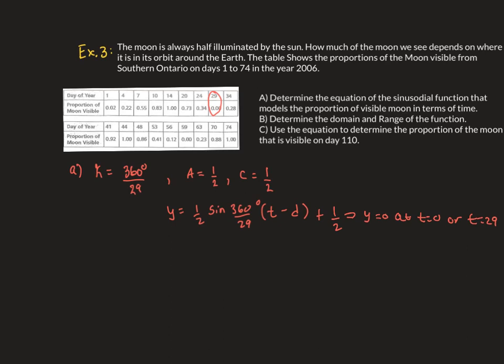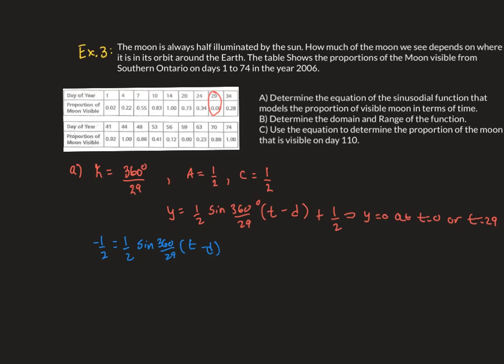Let's go from there. So I know at 0 you're going to have, let's use a different color here, negative 1/2 is equal to 1/2 sine 360 divided by 29 (t minus d). And if I want to get t minus d by itself, I'm just going to have to shift things around here. Remember, the first thing you do is get rid of fractions.